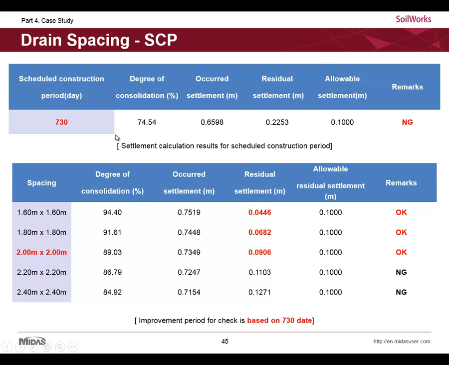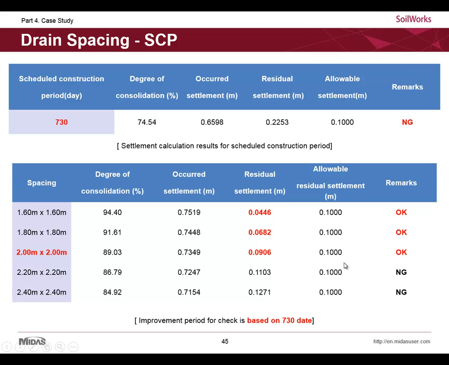In case of SCP, we can follow the same procedure. Three kinds of spacing satisfy the design criteria simultaneously, so we will select 2 meters of spacing for the same region. But in this case, we have to pay attention to the final decision.